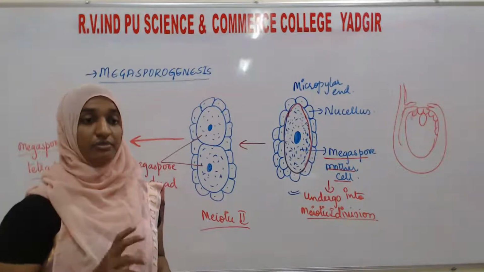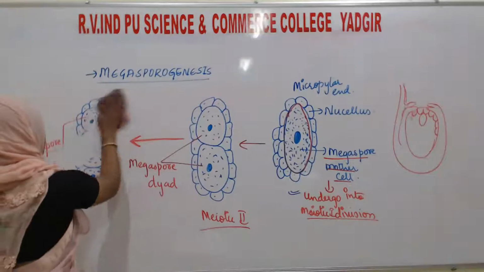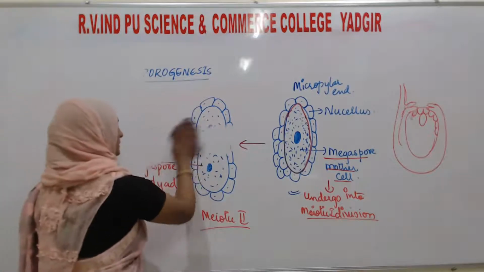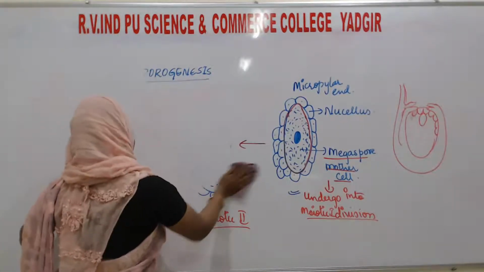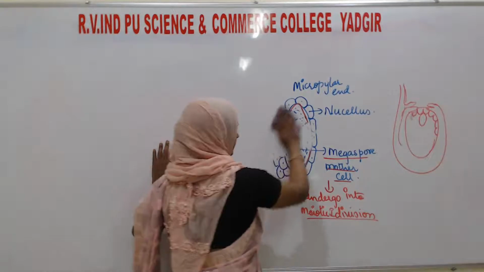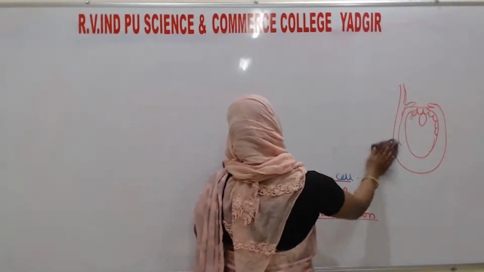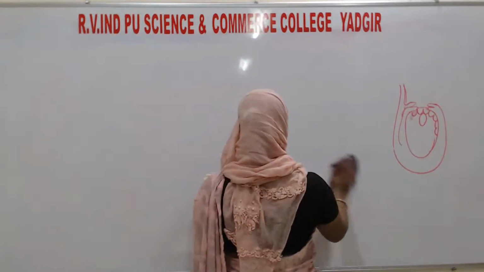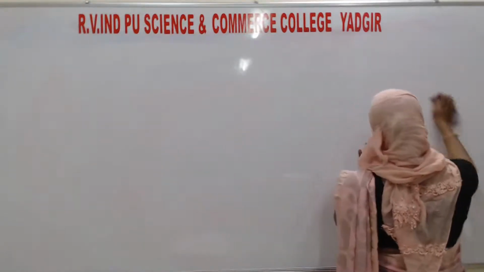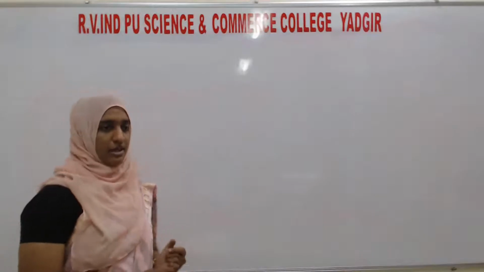Next, we will go for the female gametophyte: how the embryo sac is going to form from this megaspore. Now see here, next is the female gametophyte.